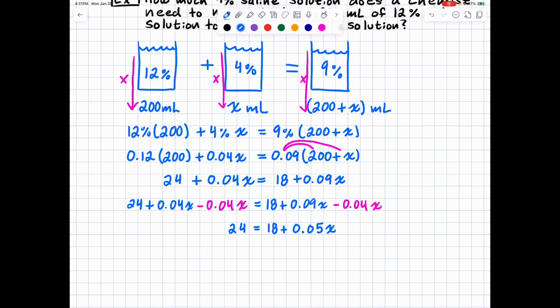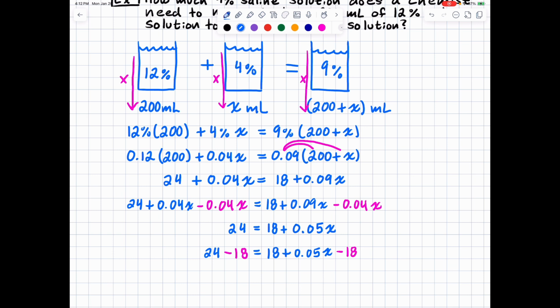So I have 24 minus 18 equals 18 plus 0.05x minus 18. Because whatever I do to the left, I have to do to the right and vice versa.